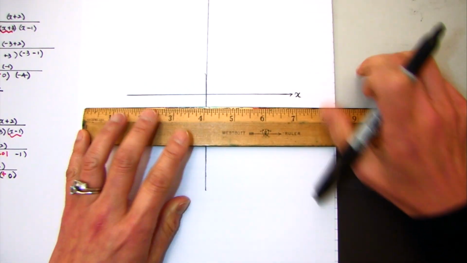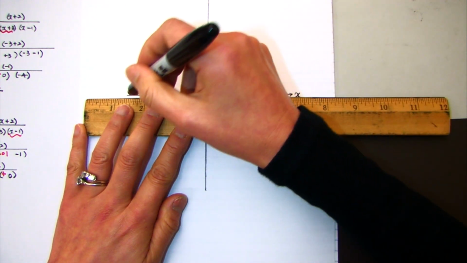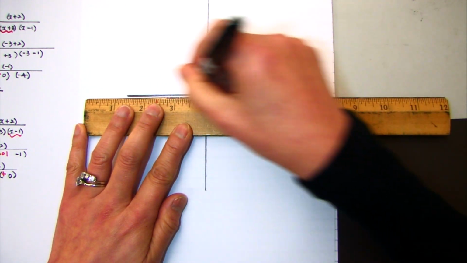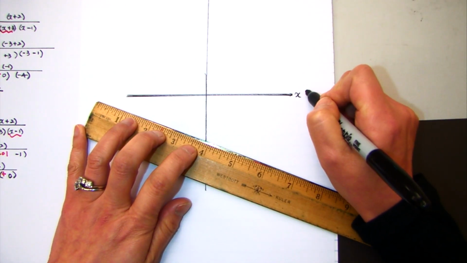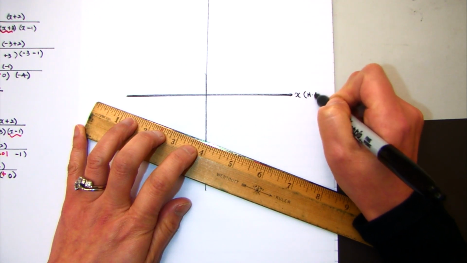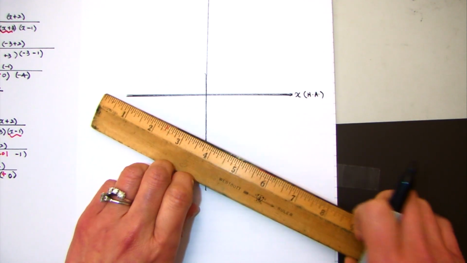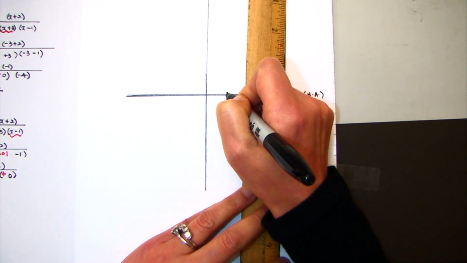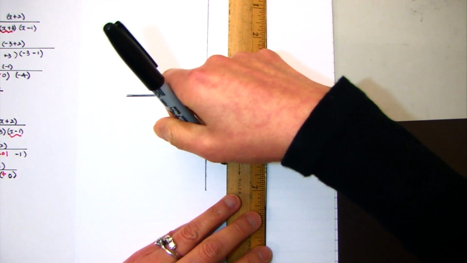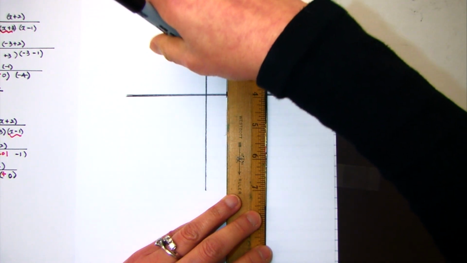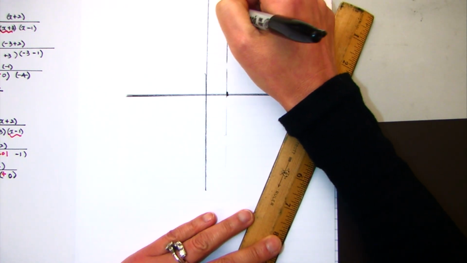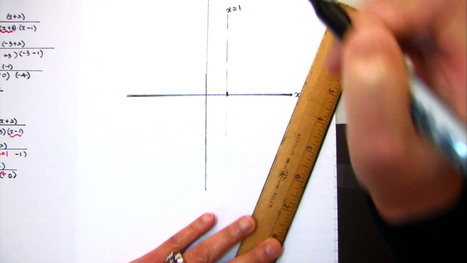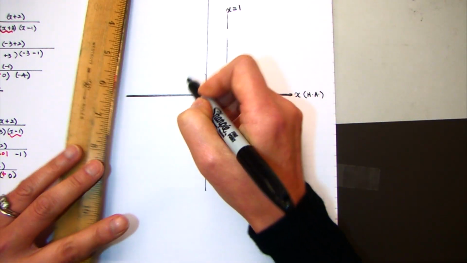Y-axis. All right. So horizontal asymptote is the x-axis. Vertical asymptote at x equals 1 and x equals -3.